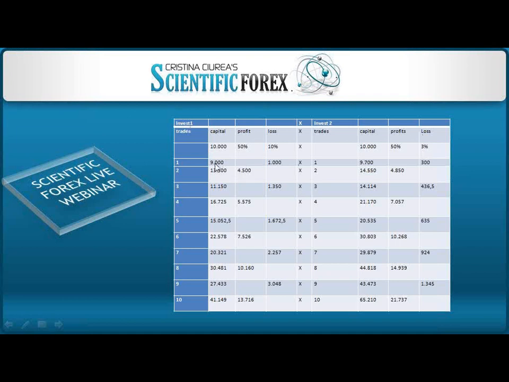So the first investor, after the first trade, let's say this will be a losing trade, will lose 10%. On the next trade, he will make 50% profit. I don't know too many trades like this, but let's suppose it is true. He will have 13,500 at the end when he is closing the winning trade.